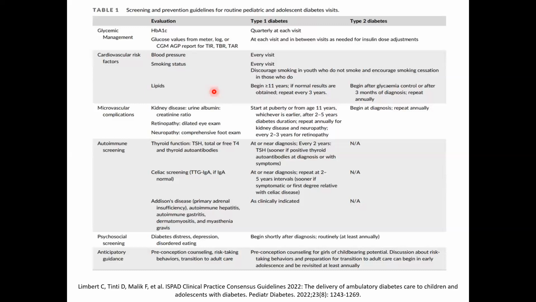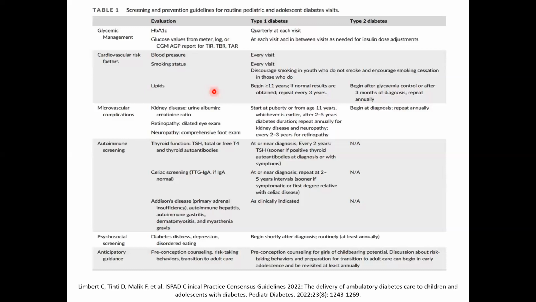With regards to autoimmune screening, I already mentioned thyroid disease, celiac, and Addison's disease. Thyroid function should be done, and if possible, antibodies. This should be done at diagnosis for children with type 1 diabetes, and then assessed every 2 years, or more frequently if they have symptoms.